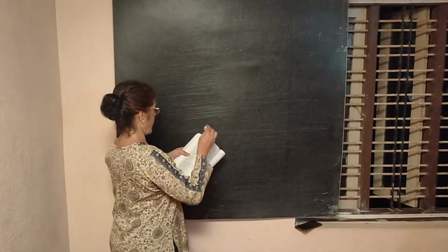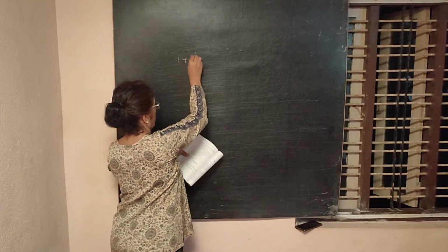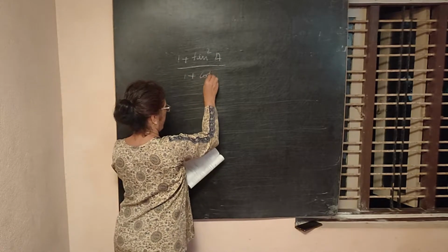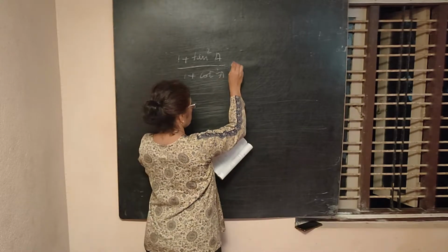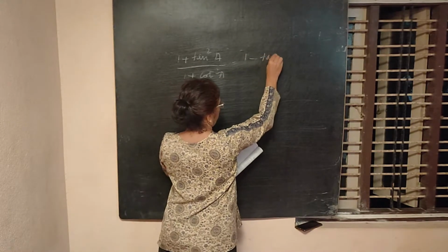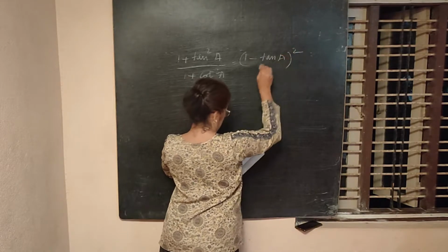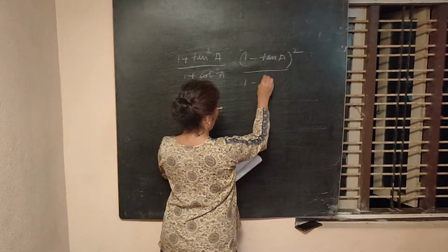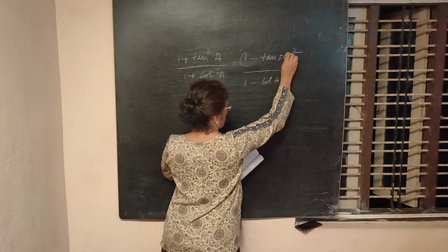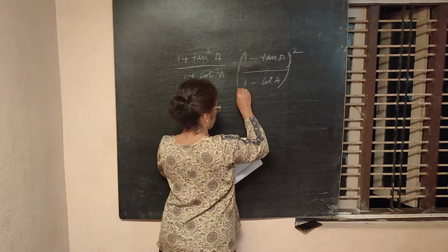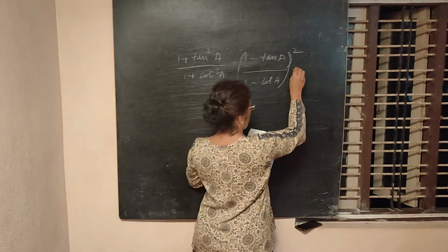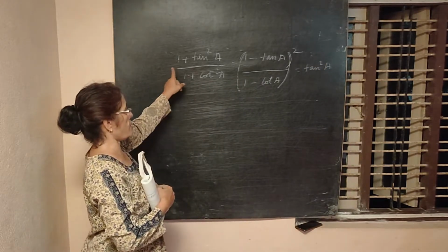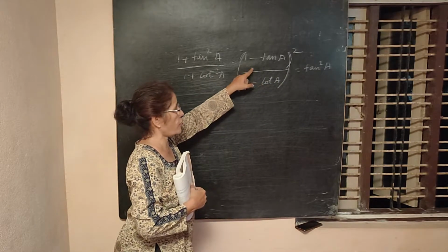The next question I'll take is: 1 plus tan square A divided by 1 plus cot square A is equal to 1 minus tan A the whole square divided by 1 minus cot A the whole square, is equal to tan square A. So I can do this one as this one or that one also.